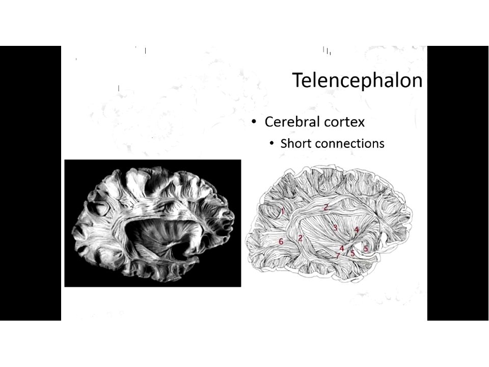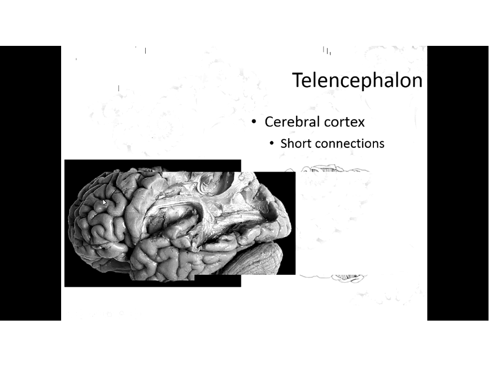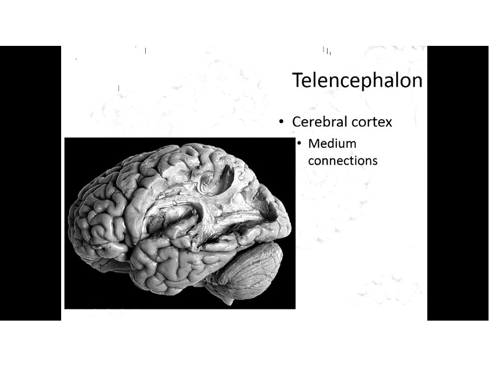And so here we see these short connections, these little U fibers connecting 2 parts of the brain together that maybe are in the same lobe. In addition to short connections, we have medium connections, and here you can really see these as fibers running between 2 lobes.